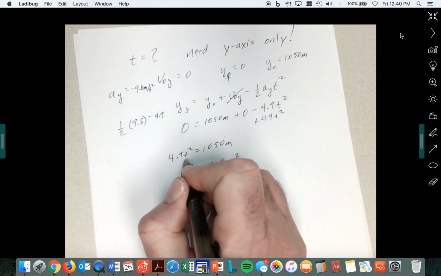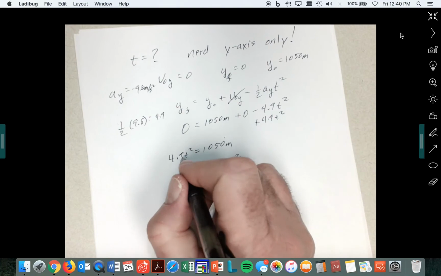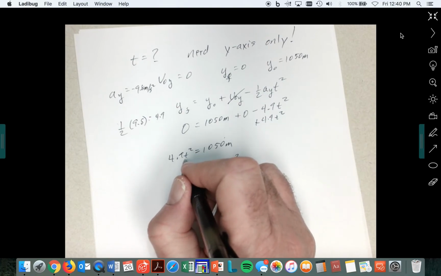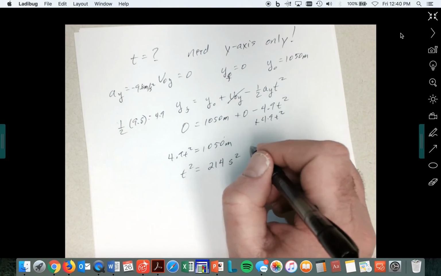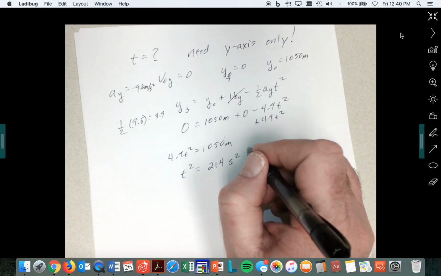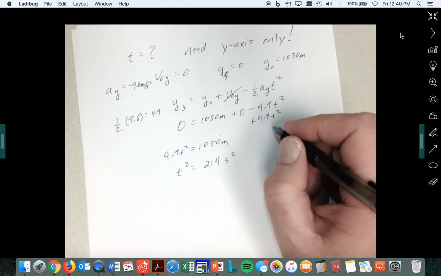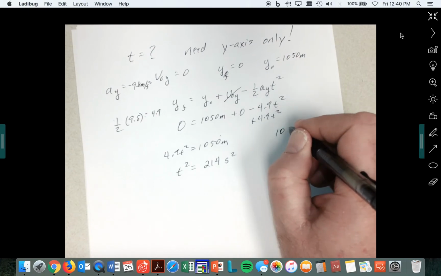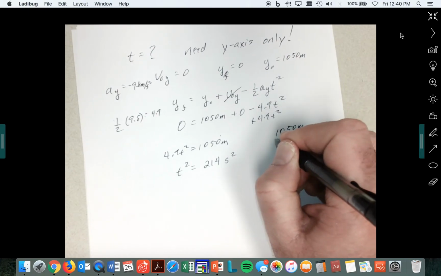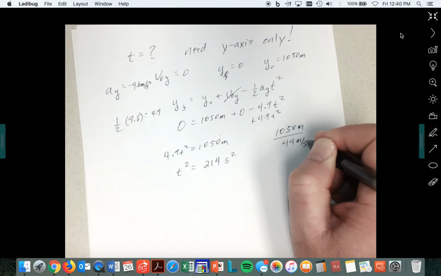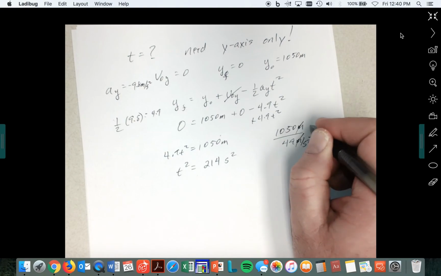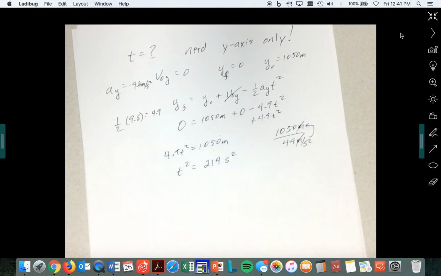Because look, this 4.9 is in meters per second squared. So when I divide by the acceleration, look at the units here. The meters cancel and the seconds squared goes up there. So that's what I'm left with.